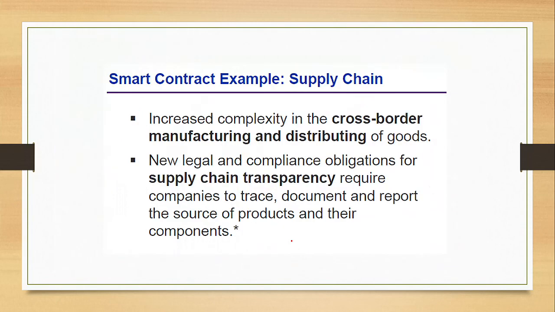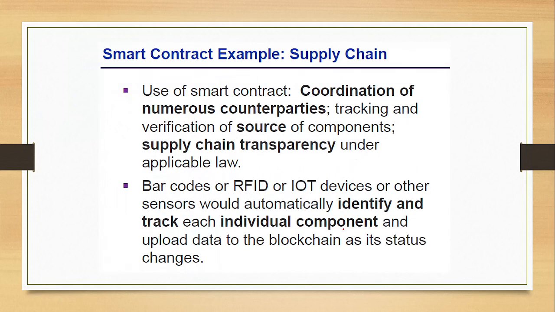So ideally, the supply chain is the main beneficiary. It enables reducing the complexity that is experienced in cross-border manufacturing and distribution of goods, right? And new legal and compliance obligations for supply chain transparency. So what we are seeing here is the transparency that the smart contract offers, and coordination of numerous counterparties, like tracking.